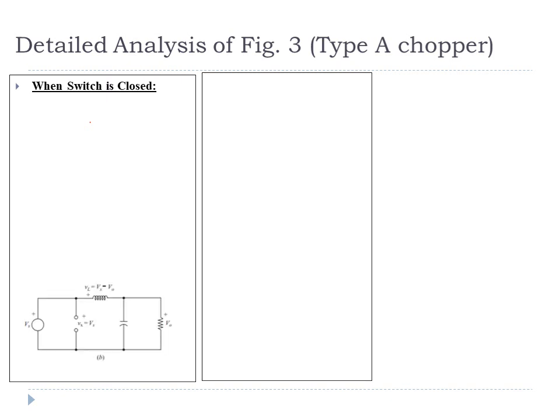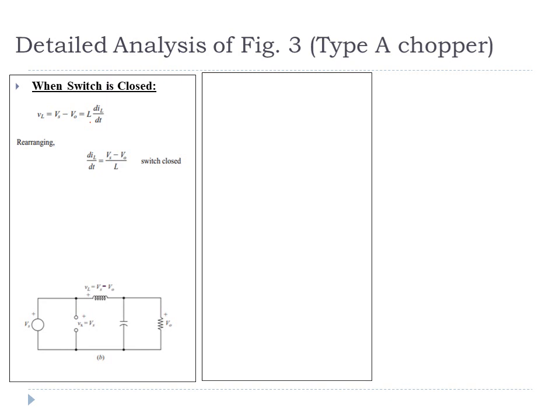So let us carry out the detailed analysis of the buck converter. The first condition is when the switch is closed. This is the T on time. During this, the supply voltage is connected to the inductor, capacitor and the load. So the inductor voltage drop is given by Vs minus V naught, which can further be written in terms of inductor current IL as L dIL upon dt. So Vs minus V naught upon L will be equal to dIL upon dt.